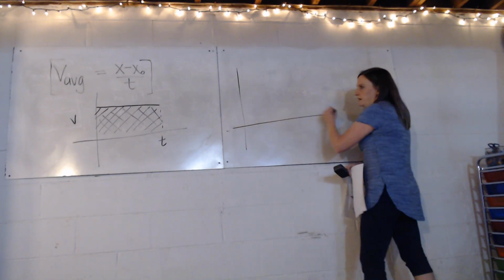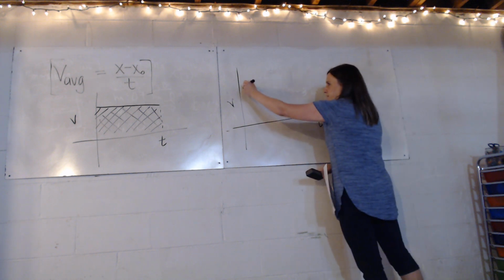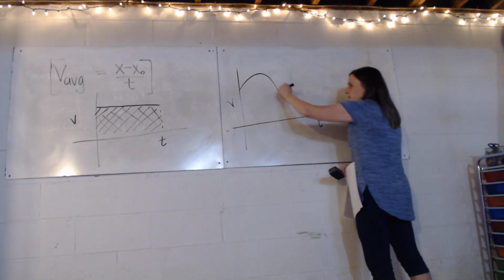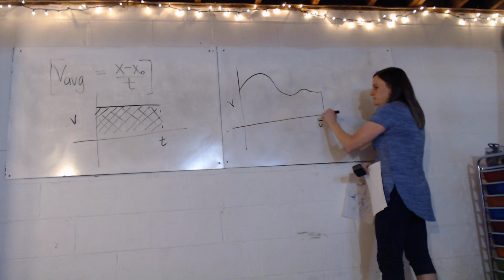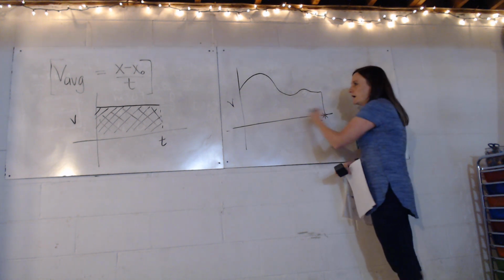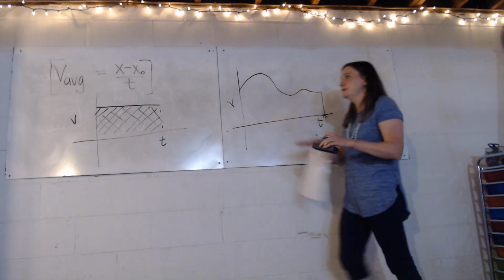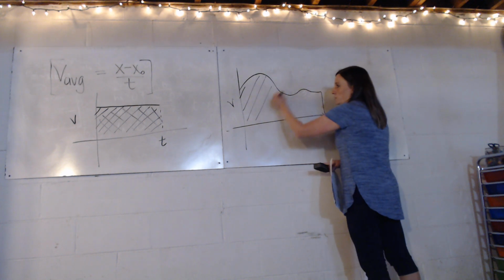Let's say I have a velocity that, if I graphed it, looked something like this: I speed up and then I slow down. This is like what driving would be like, right? And I want to know, up to this time right here, again, I'm not using actual numbers, what is my displacement? Just like before, the displacement is going to be the area under this curve.